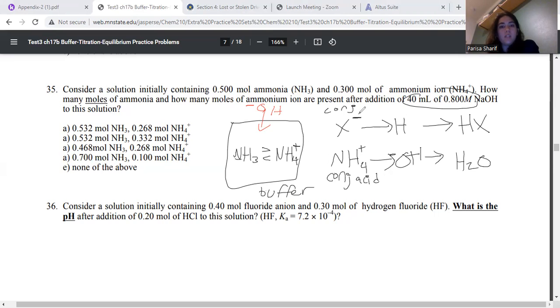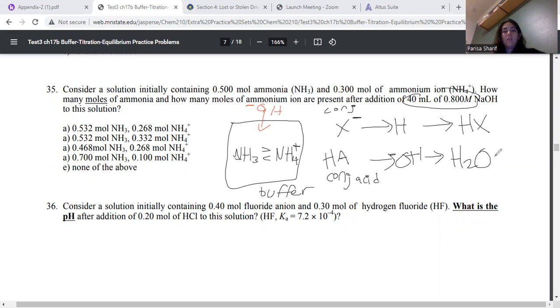And we can just make it simpler and not even put H2O. We can call our conjugate acid AH, or HA, I guess is how people write it. And then the base OH is going to take the hydrogen and become H2O.